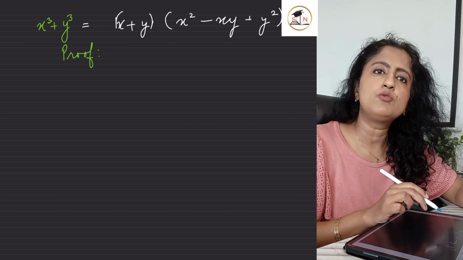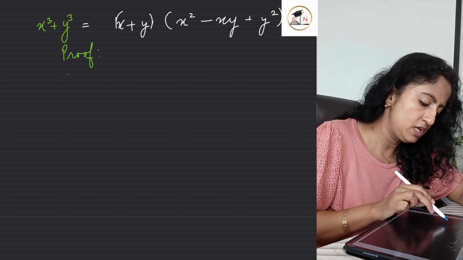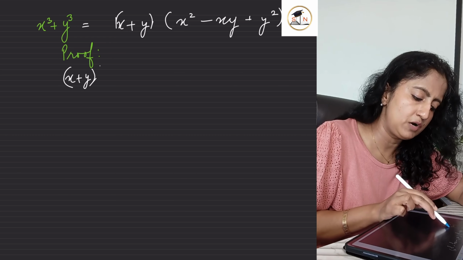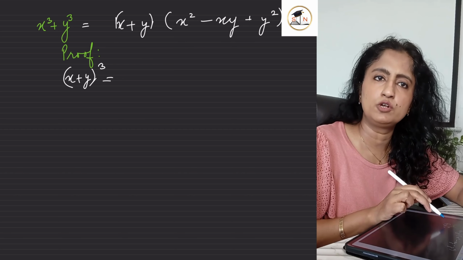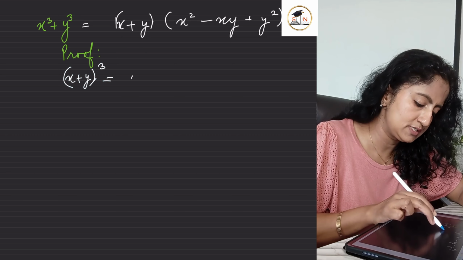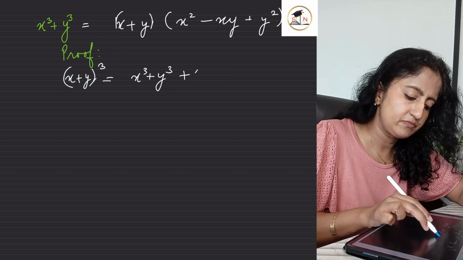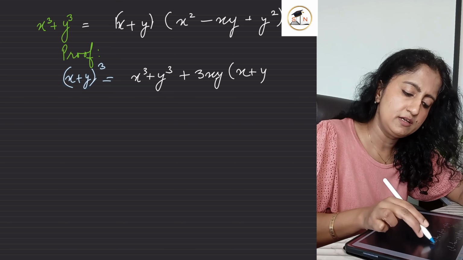Now, talking about proof, that is how do we get it? First of all, we will start with x plus y whole cube. We have already learned a plus b whole cube, so we are going to apply that expansion over here. It was x cube plus y cube plus 3xy, and in bracket we had x plus y, right?